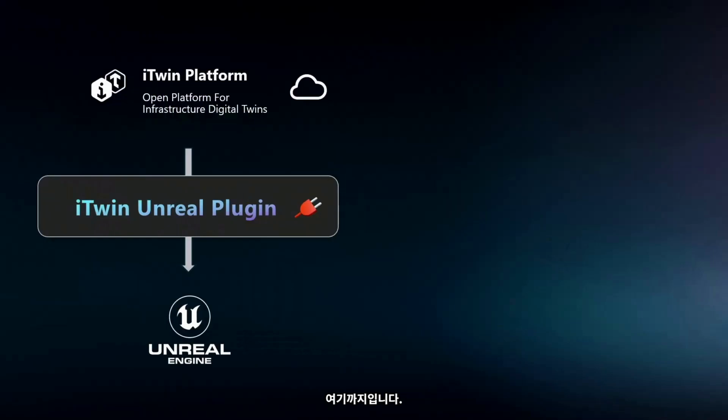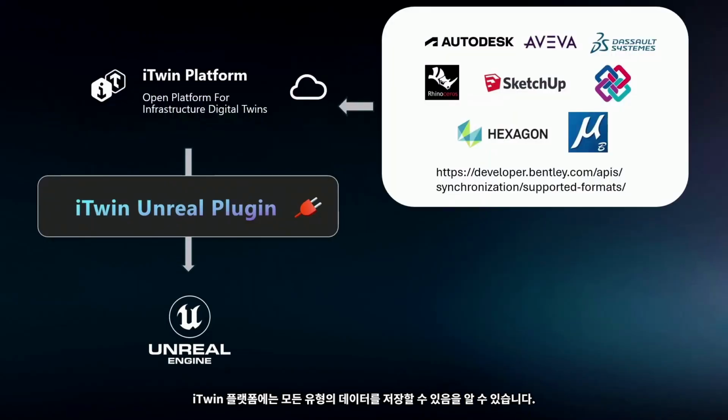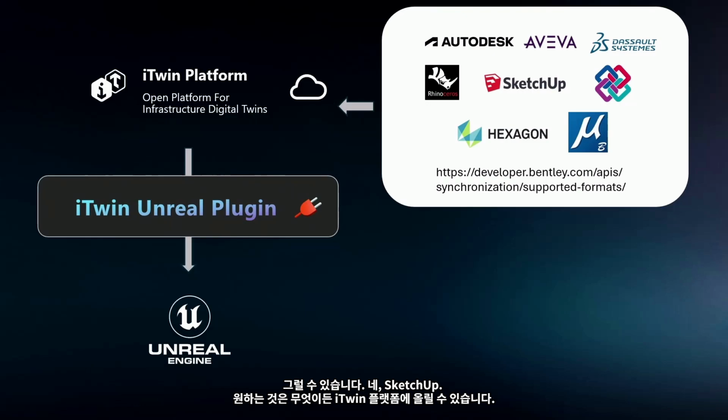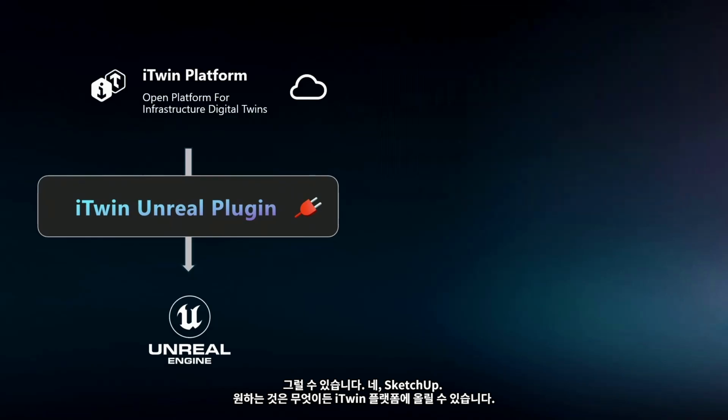So here, there we go. You can see that any type of data can be stored in the iTwin platform. So it's not only our MicroStation models. It can be Revit, it can be Rhino, it can be SketchUp, whatever you want can live in the iTwin platform.